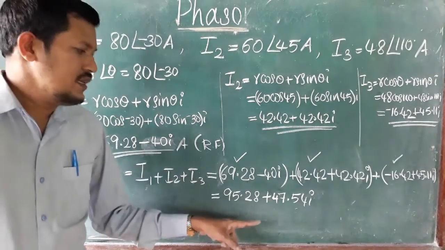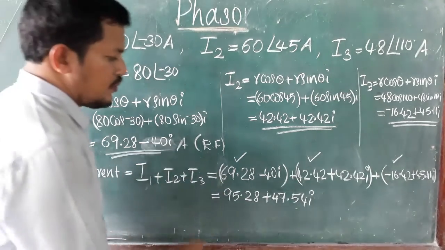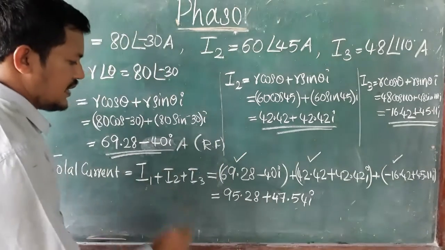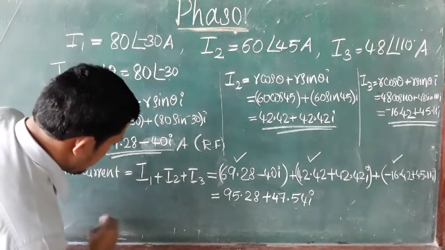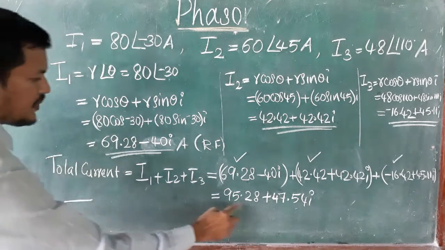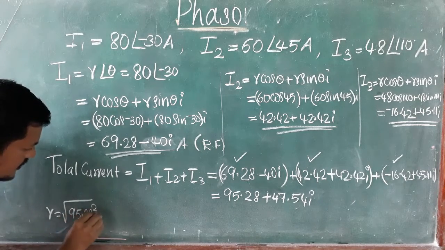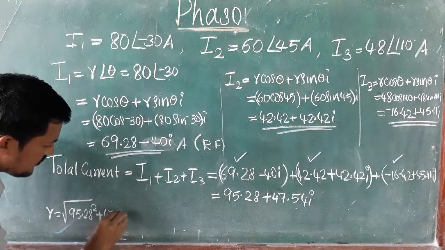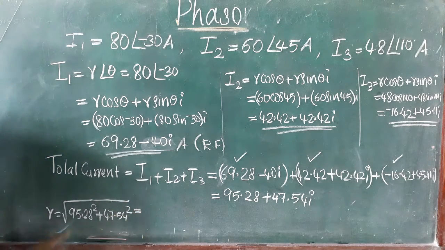Now we can convert the rectangular form into polar form. To convert to polar form, first we have to find its magnitude. Its magnitude R equals the square root of the real part squared, 95.28 squared, plus the imaginary part squared, 47.54 squared.